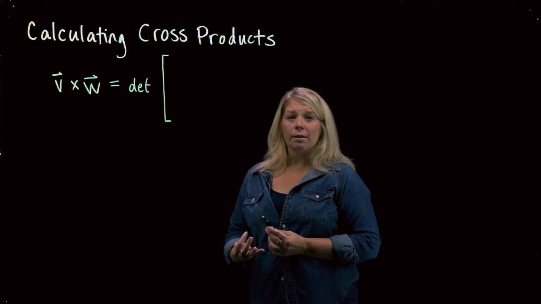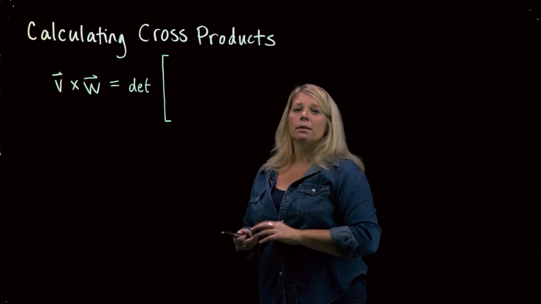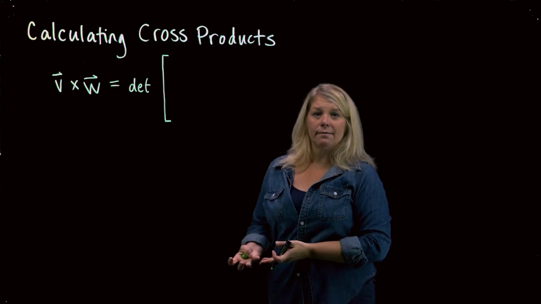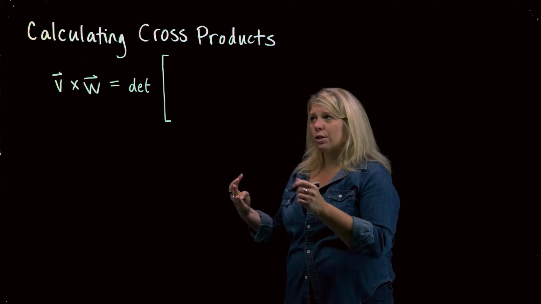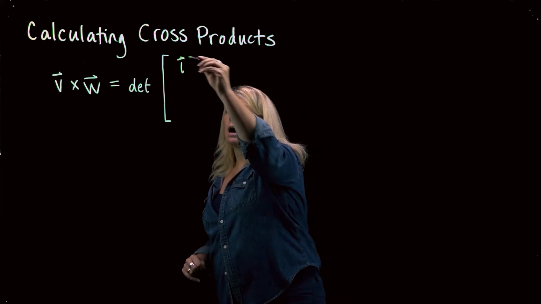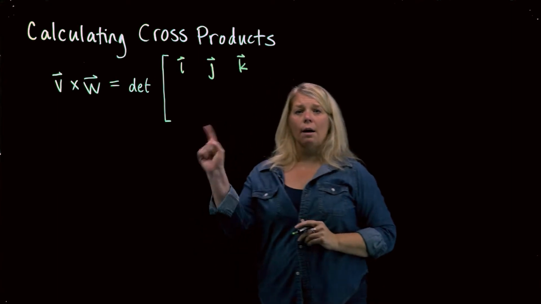For this particular 3x3 matrix, we're going to put across the top row our three standard basis vectors for R3. That is i, j, k. You're just going to write those symbols, i, j, and k, across the top row of this matrix.